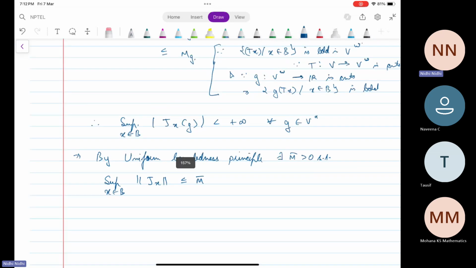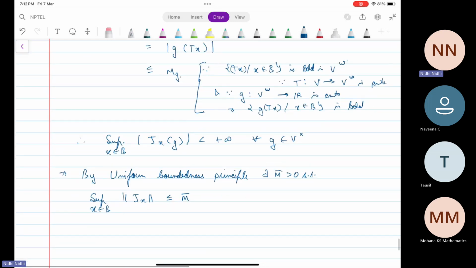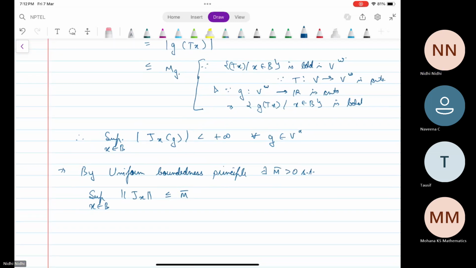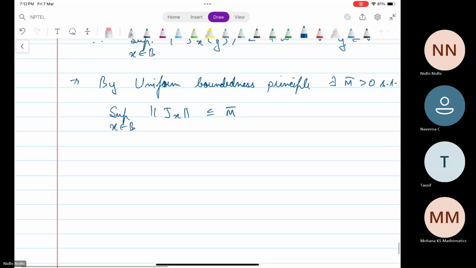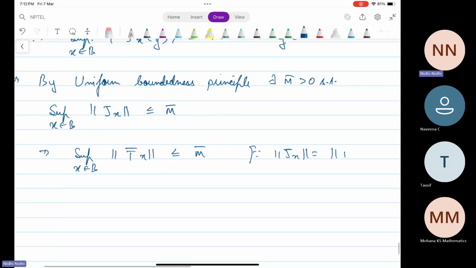And since Jx is nothing but the evaluation map at T bar x, this implies supremum x in B norm T bar x is less than or equal to m bar, because norm Jx is equal to norm T bar x.